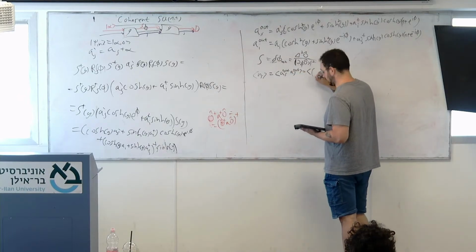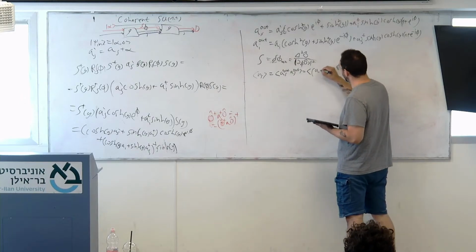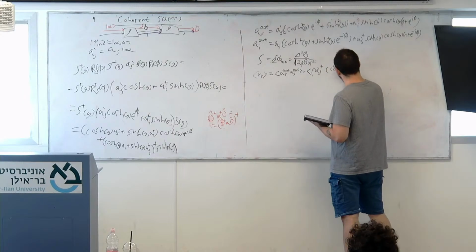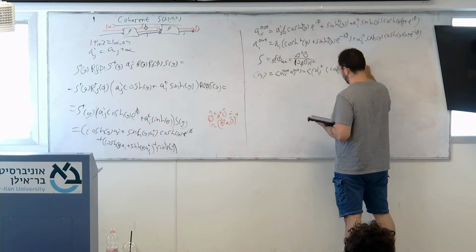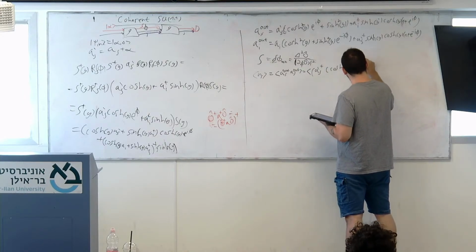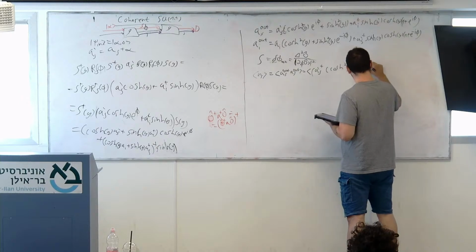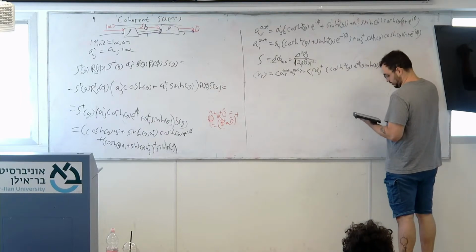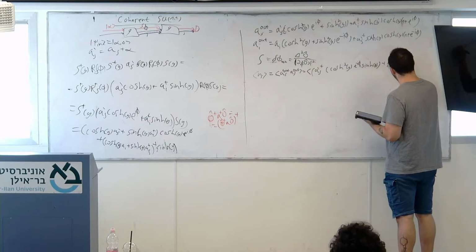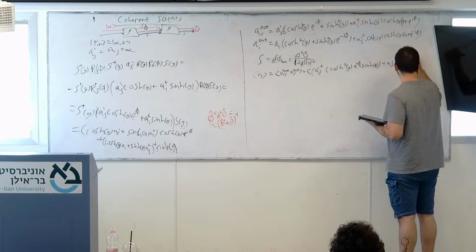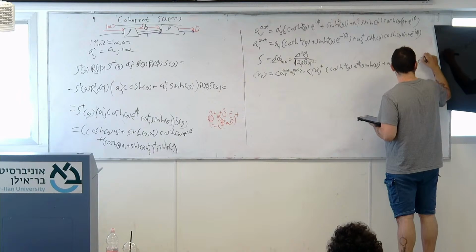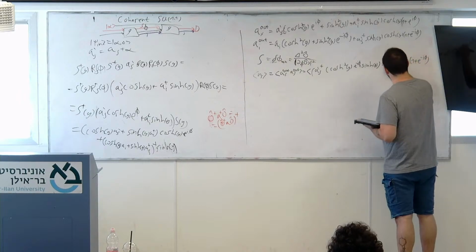Of course, this would be equal to AS dagger cosh squared G e to the minus i phi plus sinh G plus A_I sinh 2G (1 plus e to the minus i phi) multiplied by 1/2.